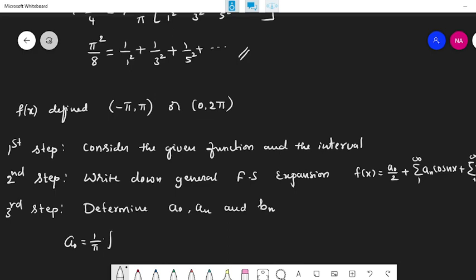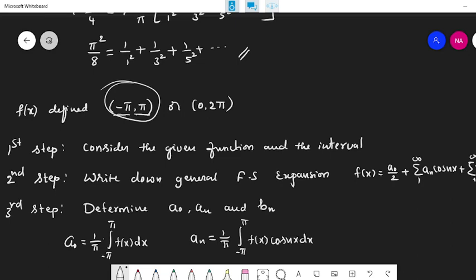So if you are given a function on minus pi comma pi, then a naught will be 1 by pi times the integral from minus pi to plus pi of f of x dx, and a n will be 1 by pi times the integral from minus pi to plus pi of f of x cos n x dx, and b n is 1 by pi times the integral from minus pi to plus pi of f of x sin n x dx.